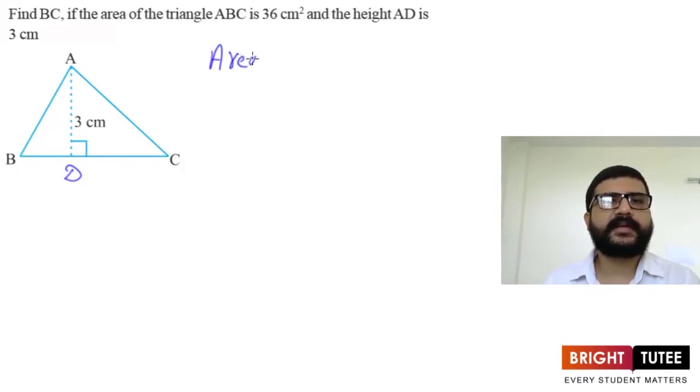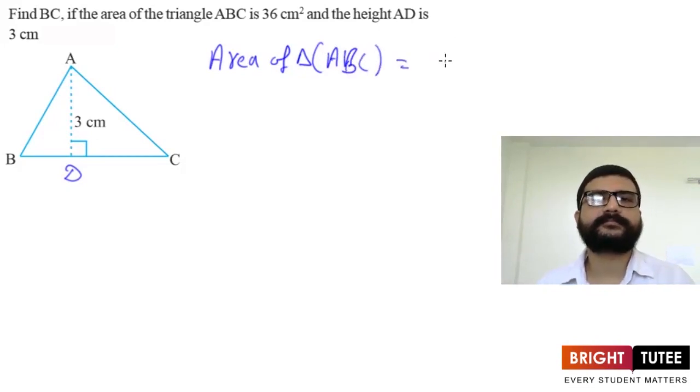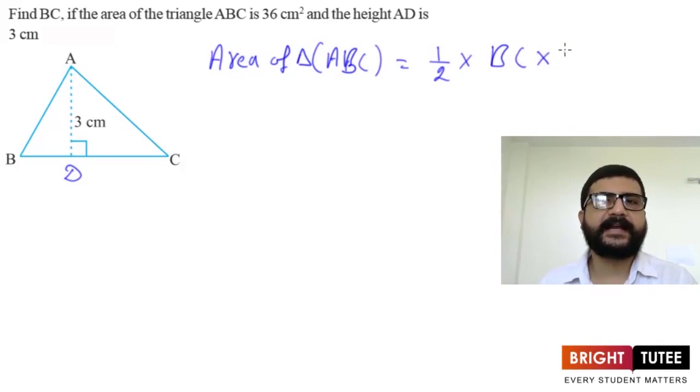And we know area of triangle ABC is equal to half into base into height, and base is BC and the height will be AD. Now area is already given to us. It is 36 square centimeters.